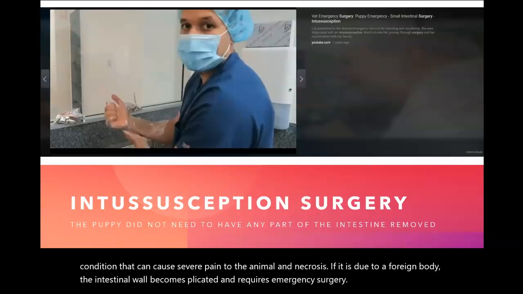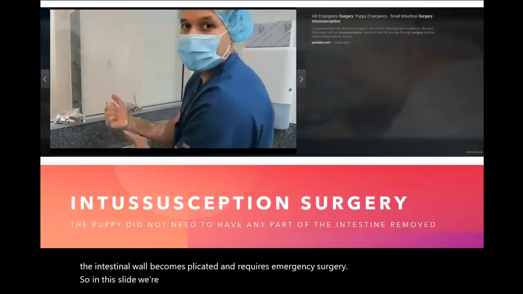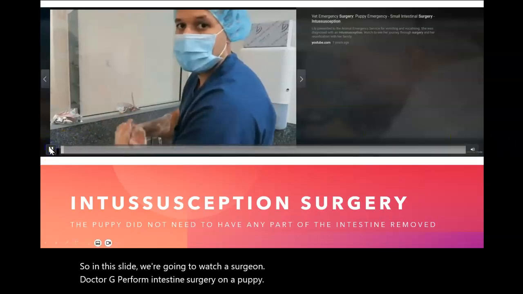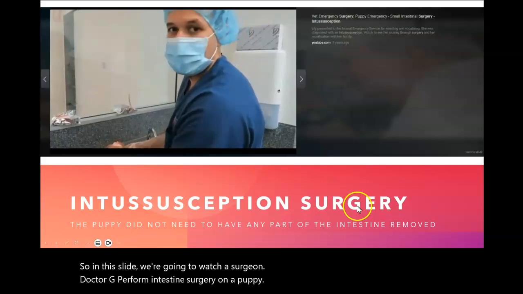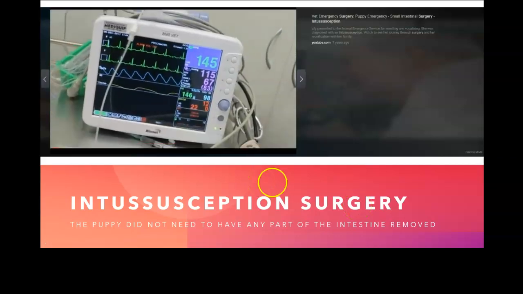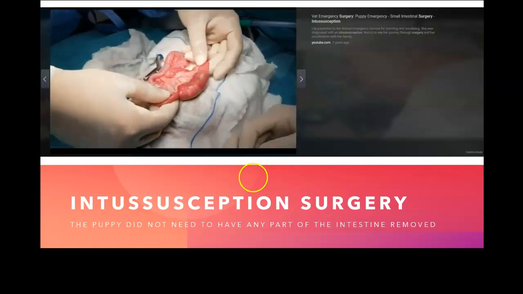So in this slide, we're going to watch a surgeon, Dr. G, perform intussusception surgery on a puppy. And it's essentially to see if we can reduce it. So this is our intussusception here.